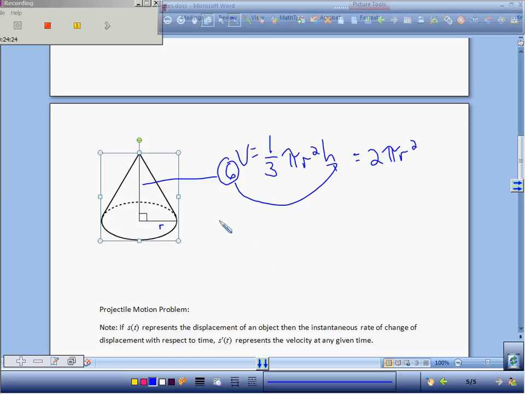And so what you want to do with this one is find the limit as r goes to 3, because you're trying to find the rate when the radius is 3, of 2 pi r squared minus 2 pi times 3 squared, which is 18 pi, over r minus 3. That comes out to be 18 pi.